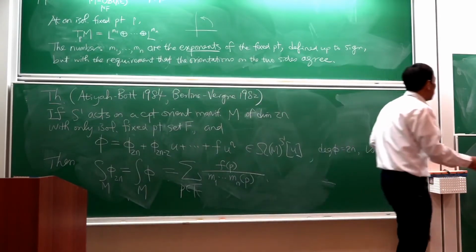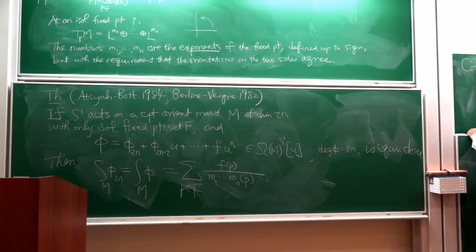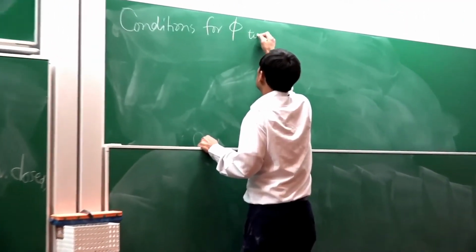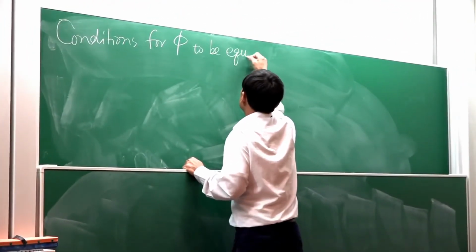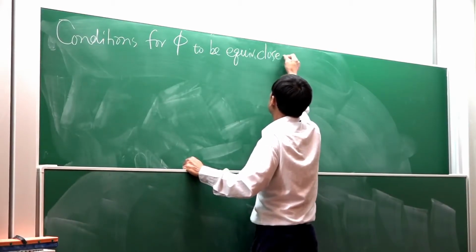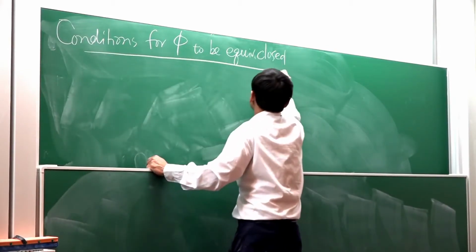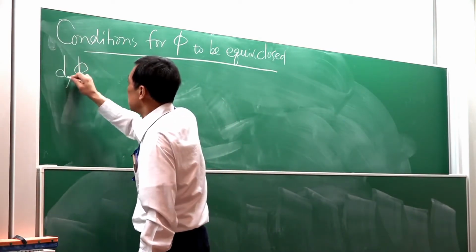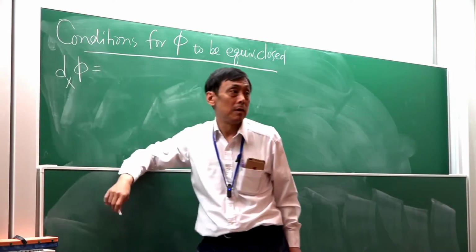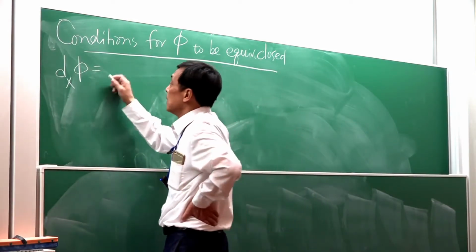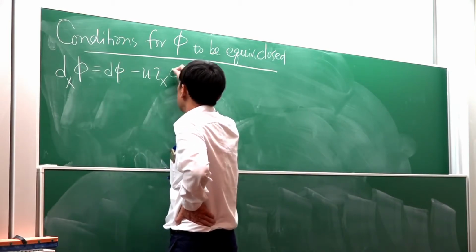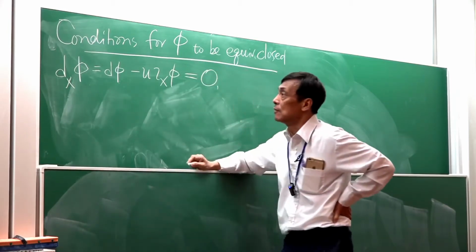Okay. Now, for a form phi to be equivariantly closed, that means dx phi is 0. So dx phi is d phi minus u ix phi. This has to be 0.